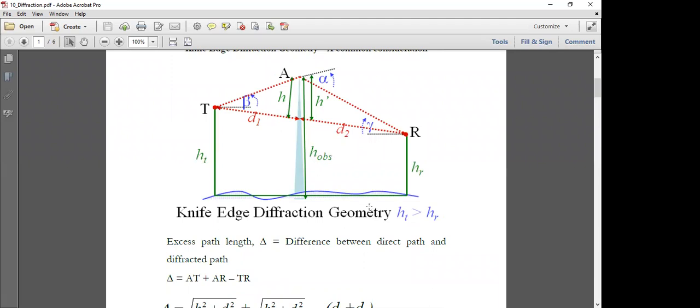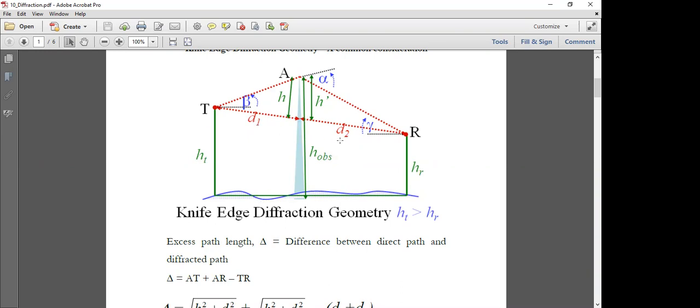Yes, the inclination is there, but when we consider the value of d1 or d2, d1 is the first part of TR, and d2 is the second part, between the obstruction and R. So we just consider that d1 and d2 have the same values as you get when you measure the distances on the ground, when you don't have the inclination.